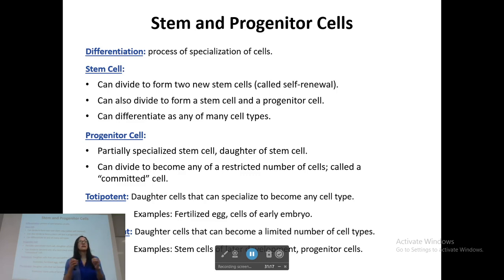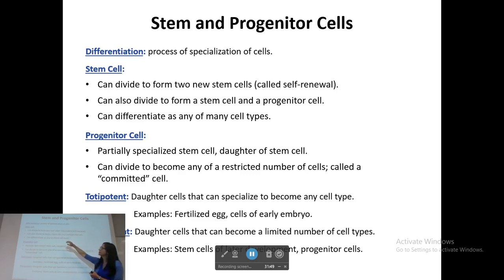Okay, then it begins to divide, and it divides and divides. So from that one cell, all of the cells, all of the tissues and organs of your body are produced. So along the way, there has to be specialization that occurs to produce liver cells, to produce brain cells, to produce pancreas cells, to produce muscle cells, right? So that specialization is what we call differentiation.